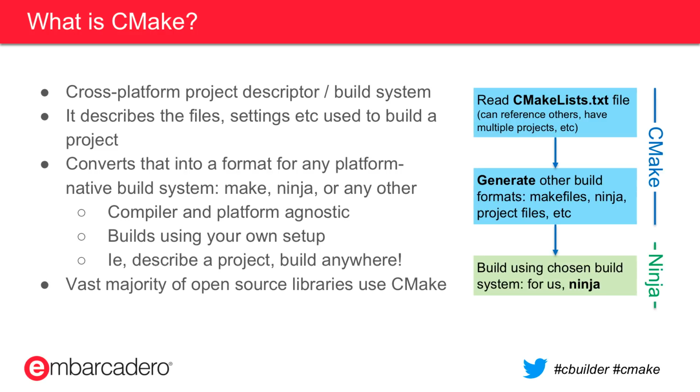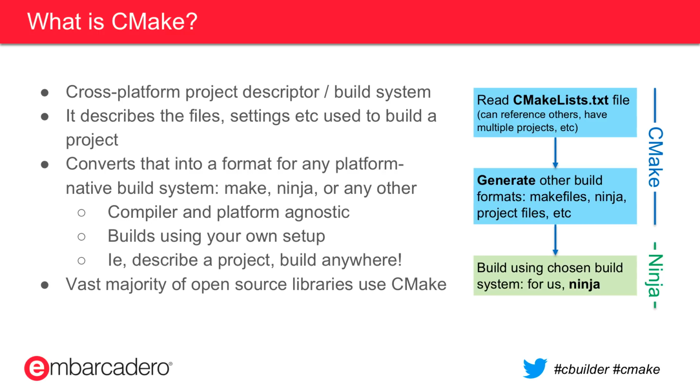So CMake takes that CMakeLists.txt file, which is the project description, and converts that into a format for any platform native build system. And that's something that knows how to invoke and use your compiler. So a traditional example is Make.